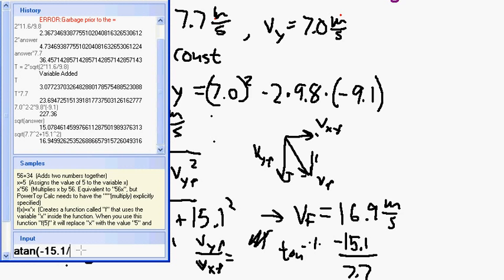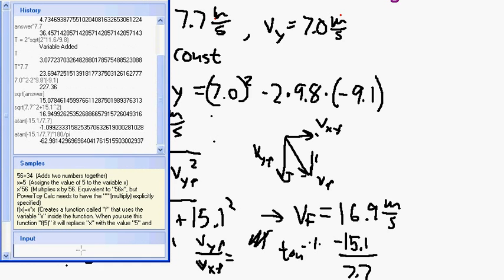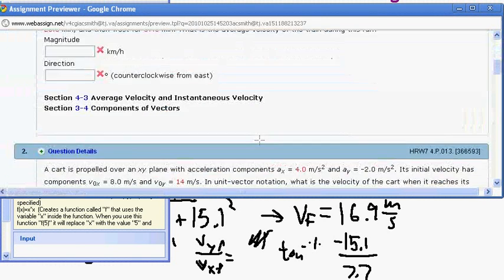Let's hope it gives me degrees, but it's giving me radians, so times 180 divided by pi. It's negative 63 degrees, so let's just try that. Negative 63. Boom, correct. All done.